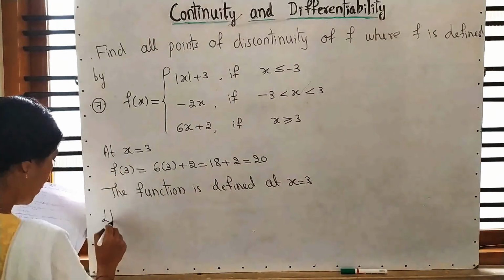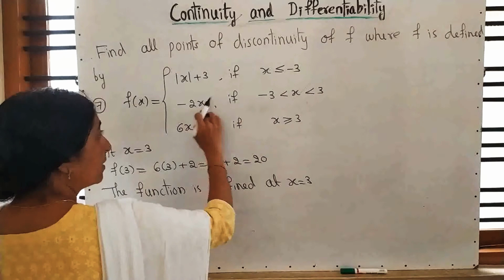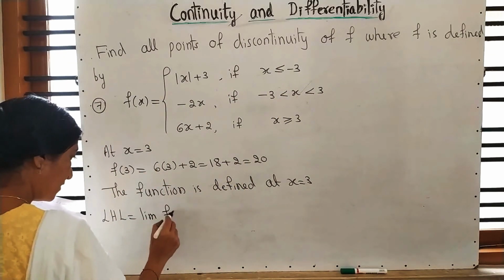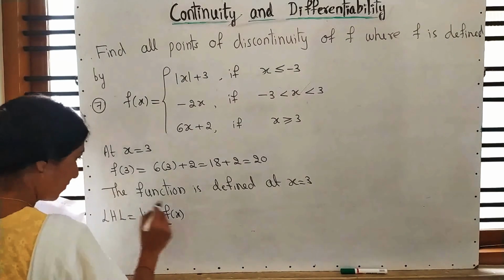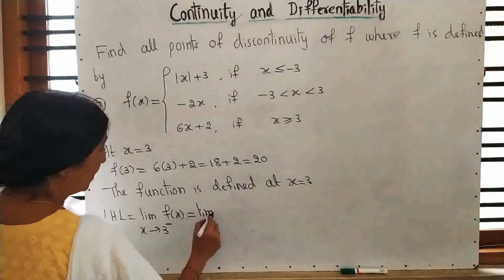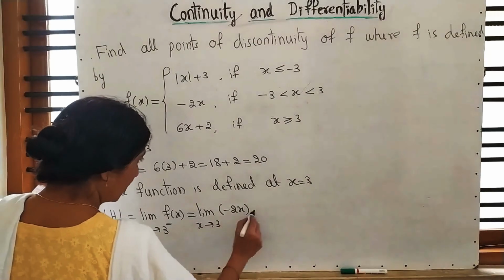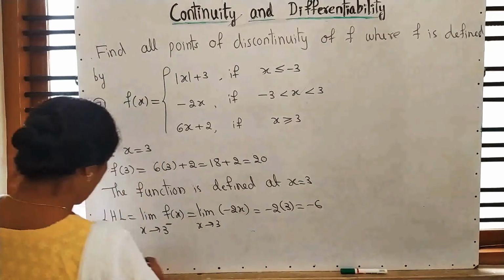Now we are moving to the left hand limit. Out of these two expressions, the middle one is for x less than 3. Limit f of x as x tends to 3 minus, so limit of minus 2x as x tends to 3. It is minus 2 into 3, that is minus 6.